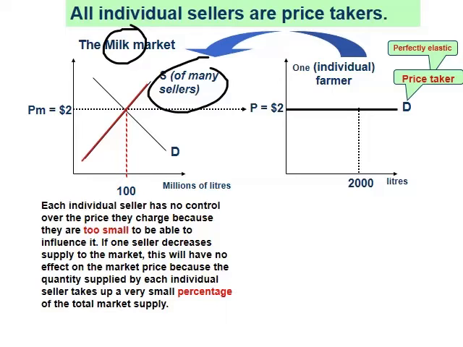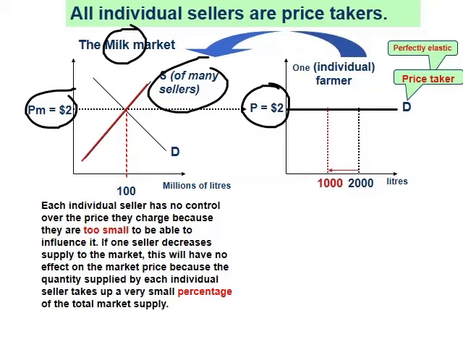So we say that the price that is set in this market will determine the price the individual farmer will get for his milk. The good thing is that he can sell all he wants at that price, but he can't influence it because he's too small.